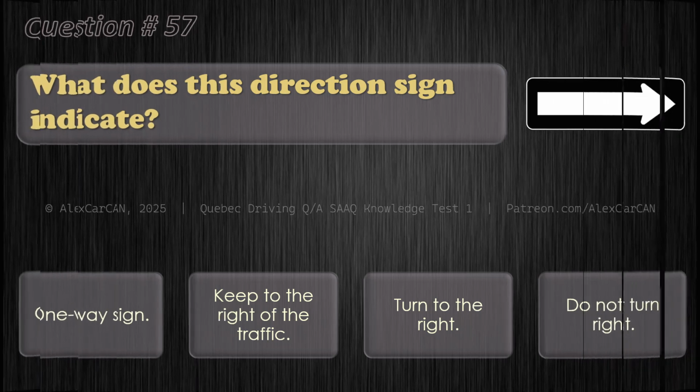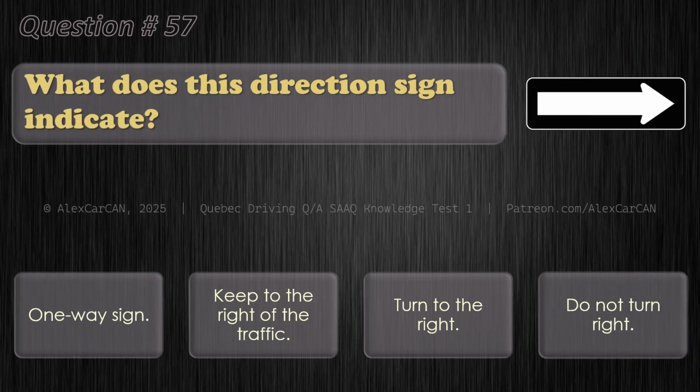Question number 57. What does this direction sign indicate? One-way sign. Keep to the right of the traffic. Turn to the right. Do not turn right. The correct answer is one-way sign.